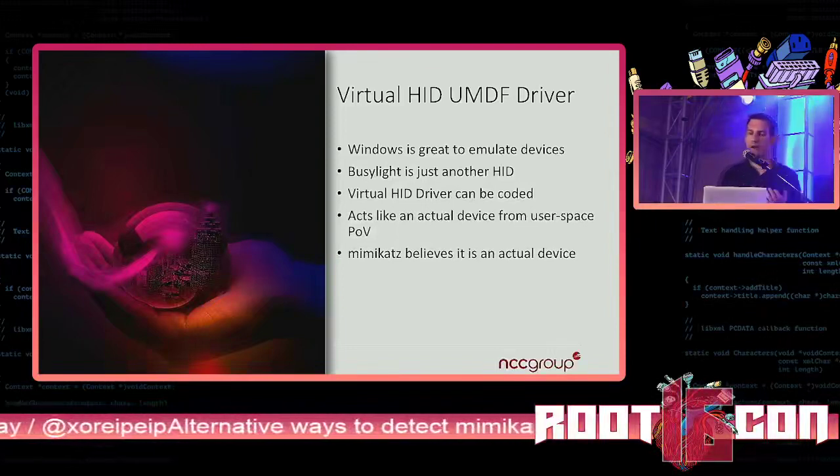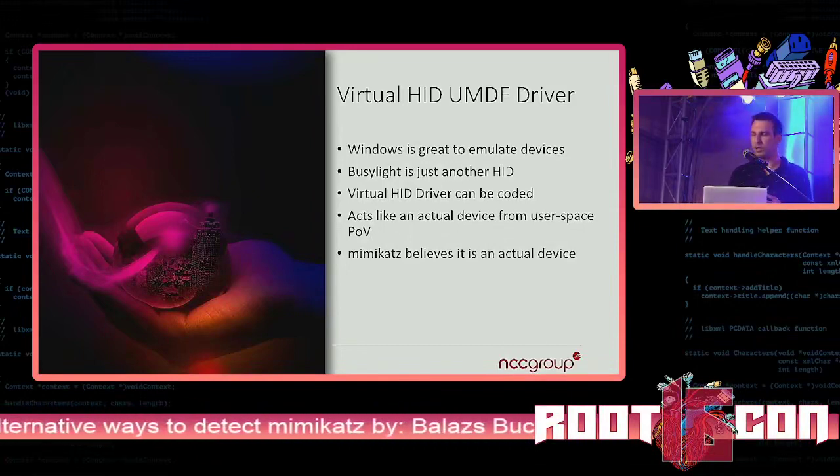So I could create a driver that you can install in the user space, and with that, basically, it acts like a normal device, nothing special, and mimikatz or any other tool that uses busylight will think that's a genuine device connected to your computer.